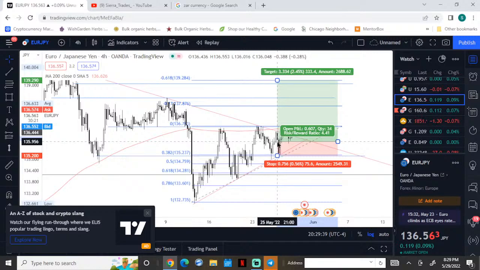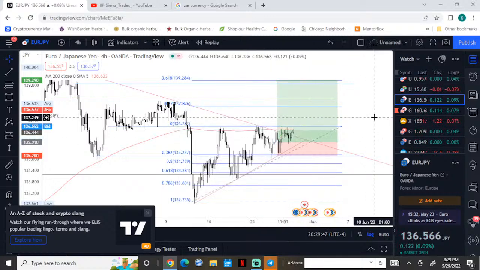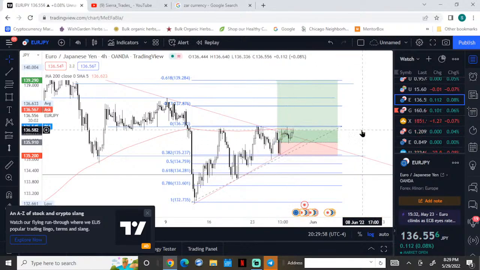139.290. Let's bring that over. Nice, nice. Yeah, I was like, oh, it broke in retest, and it was like right here, and then it dropped somewhere. I was like, no, wait. But this is where we are.